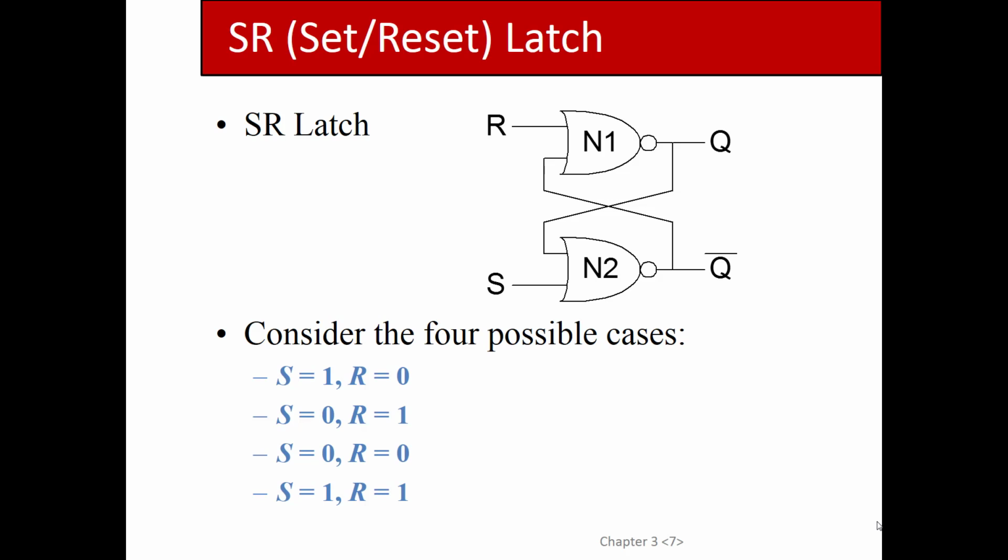However, if I put a 1 in for R, I'm going to guarantee that the Q is going to become a 0, because if you put a 1 into a NOR gate, you're guaranteeing the output is a 0, right?